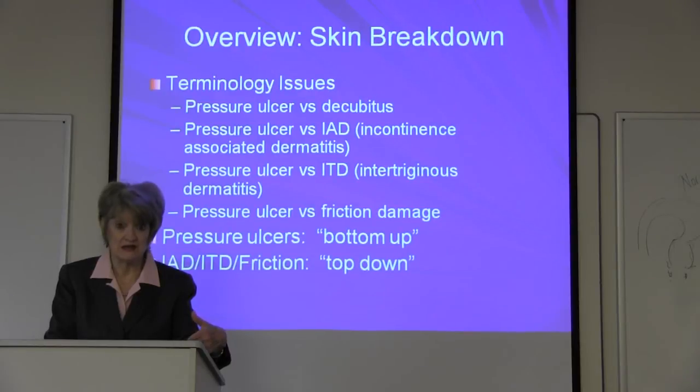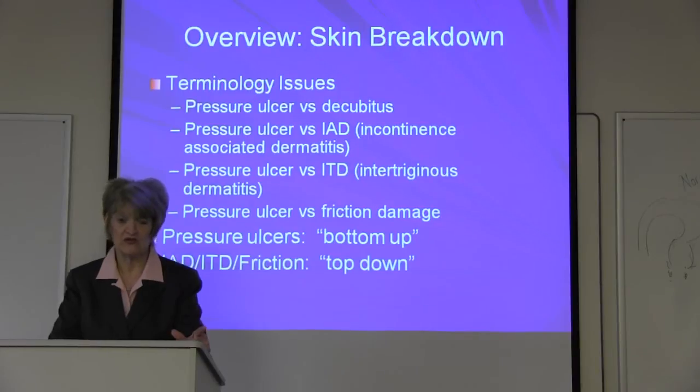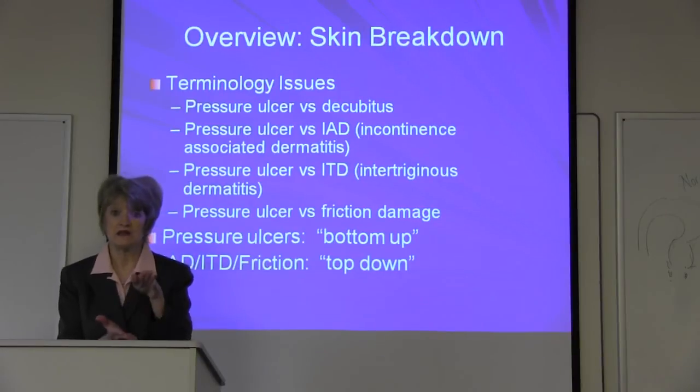So that explains the transition from decubitus ulcer to pressure ulcer. When you say that patient has a pressure ulcer, you are defining the pathology of that wound. And the pathology of pressure ulcer development involves soft tissue compression, vessel compression, tissue death.